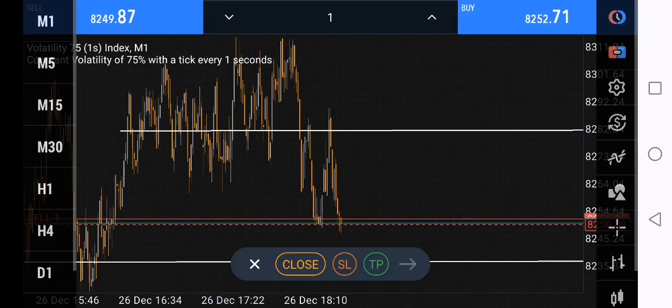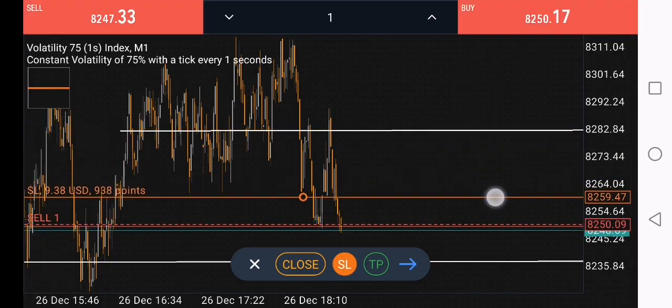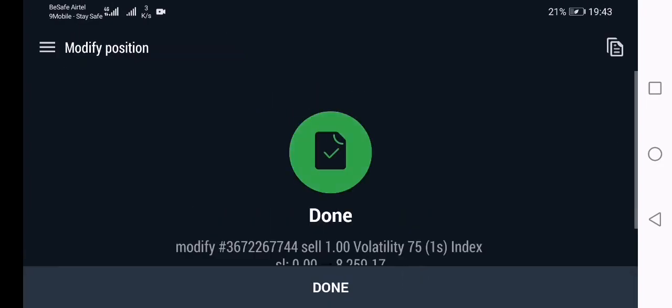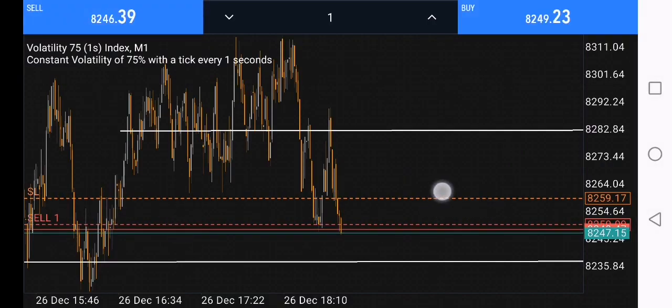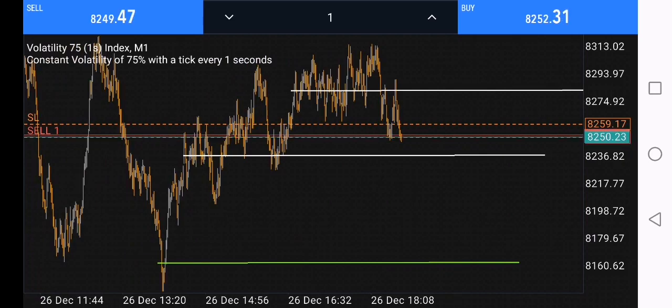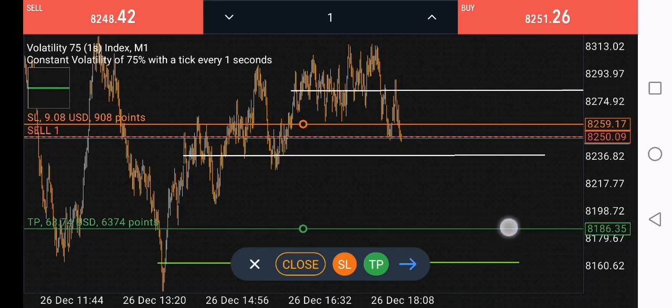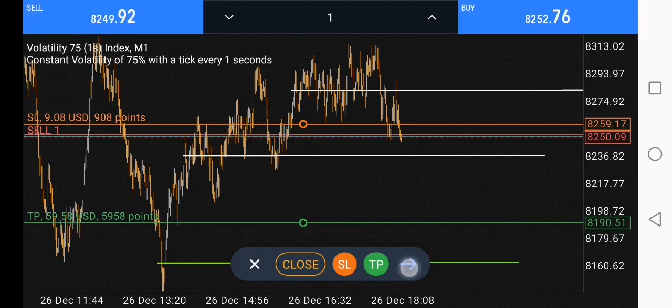If you are trading synthetic, know that you are risking your money in an unregulated firm.